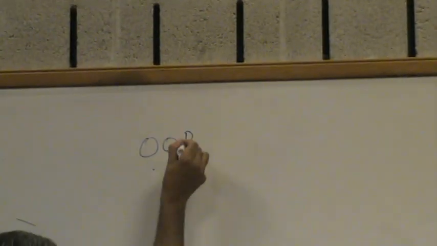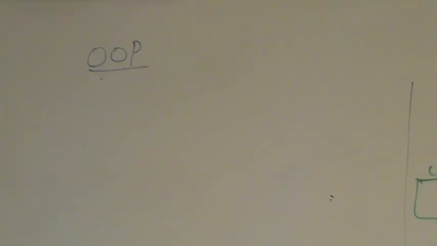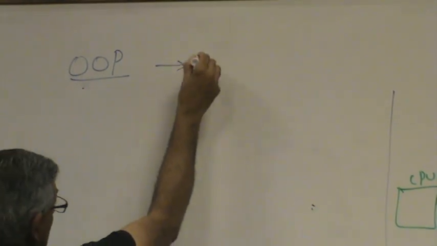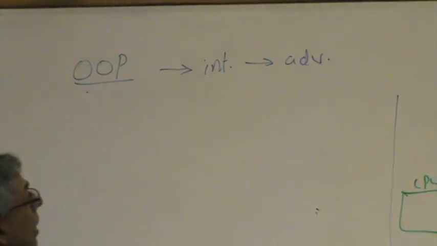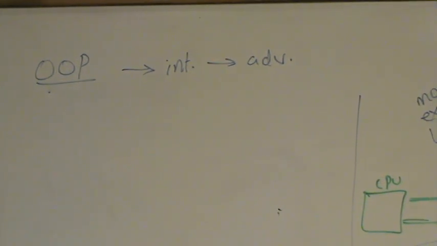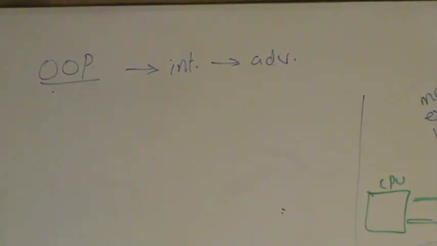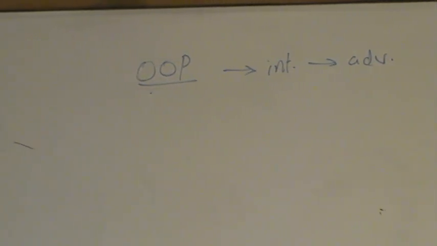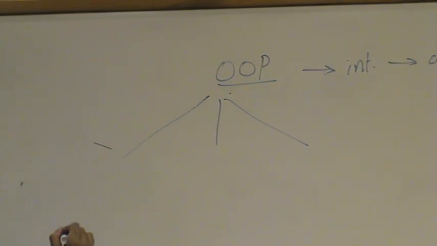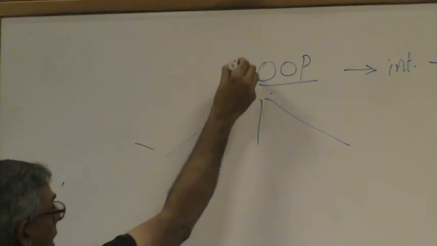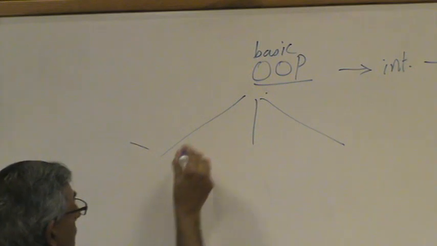So now coming to our learning of C#. First thing we need to do is learn the fundamental object-oriented programming. Then I will move to the intermediate level, and then I'll move to the advanced level. So even though we are going pretty slow, gradually I'll pick up the speed. So coming to basic object-oriented programming, as we discussed, we have 3 key concepts in the basic object-oriented programming.